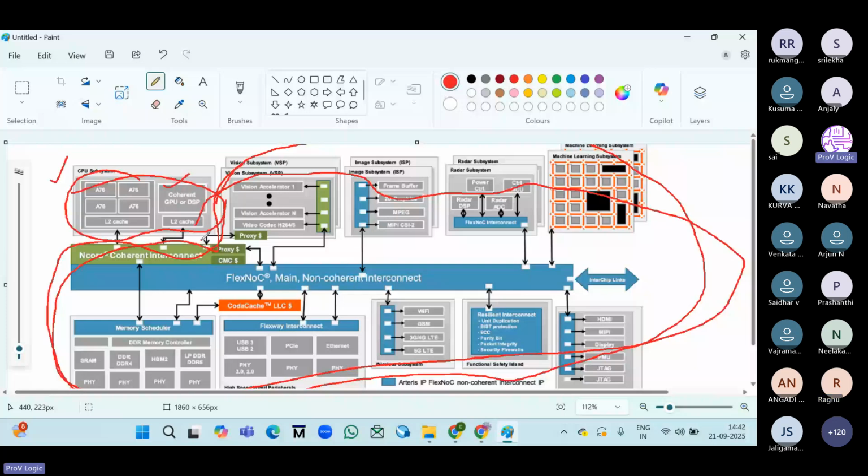So when we check SOC level test cases, maybe first of all processor test cases start, right? Processor, some other memory blocks, some other things. Each block has separate individual test cases, right?